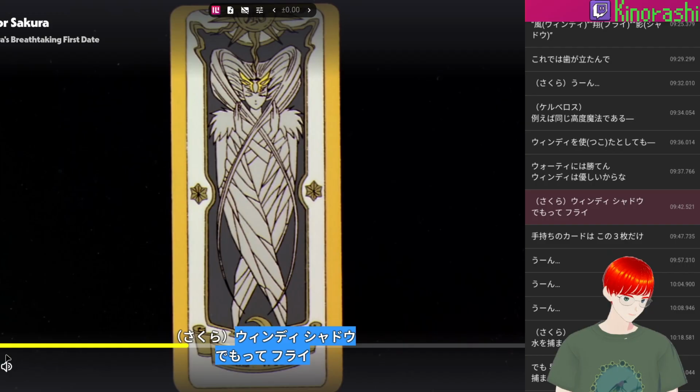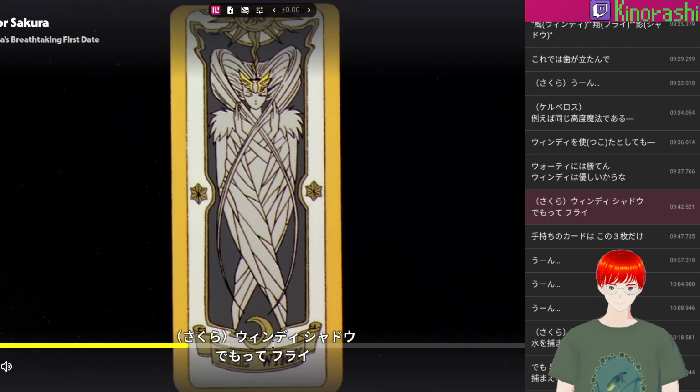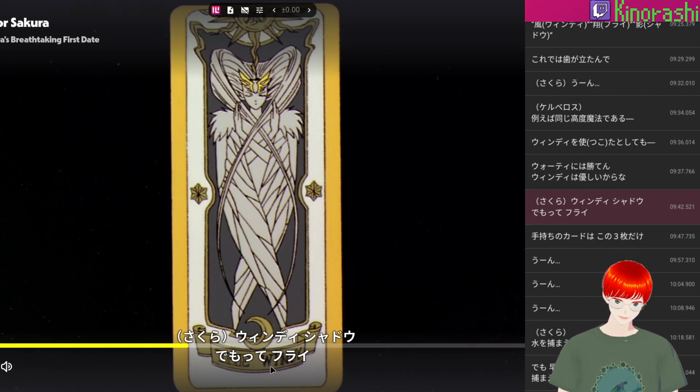So I'm guessing it's just supposed to be something to emphasize the last thing you're saying. Oh, windy shadow demo furai. Sort of like how you could say windy shadow and fly, but you can say and in a way to make it sound more emphatic.